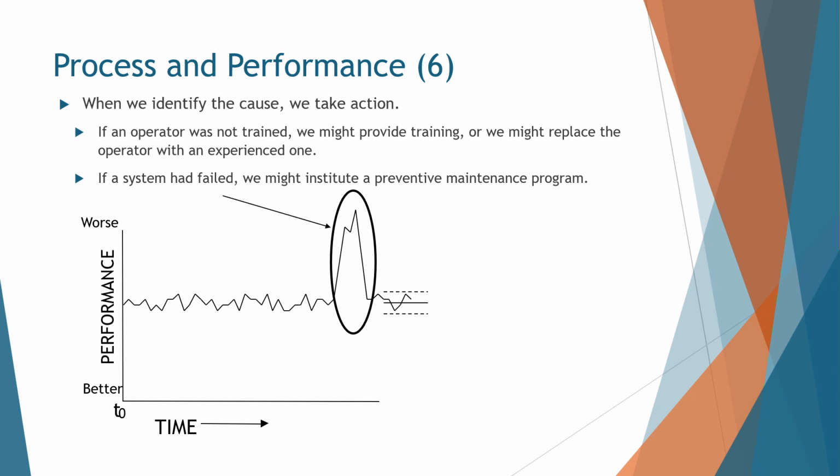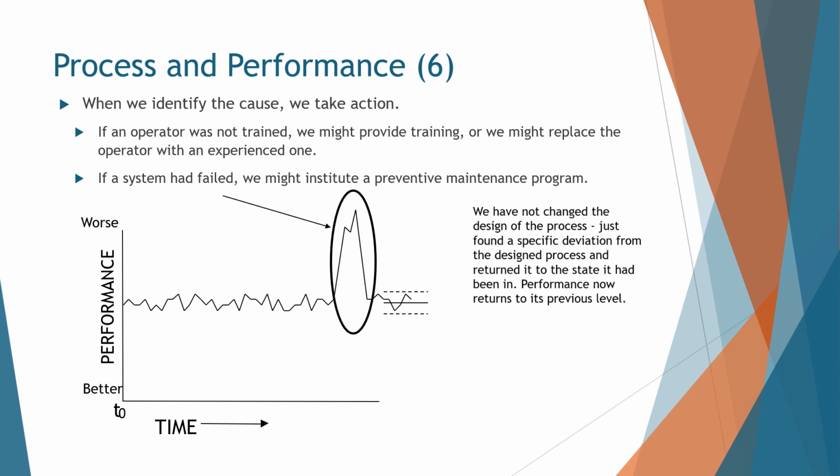When we identify the cause, we take action. If an operator was not trained, we might provide training, or we might replace the operator with an experienced one. If a system has failed, we might institute a preventative maintenance program. So obviously, some preventative maintenance program took place, or we replaced the operator, or we trained the existing one, because all of a sudden, after that special cause, we see the data points going back to normal, which is a good thing.